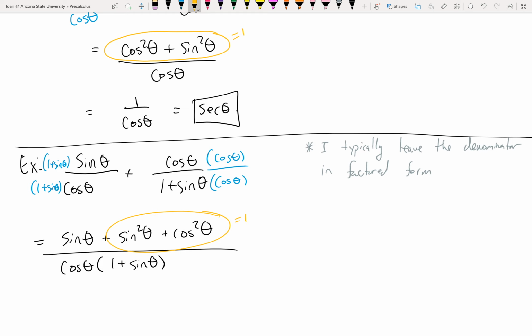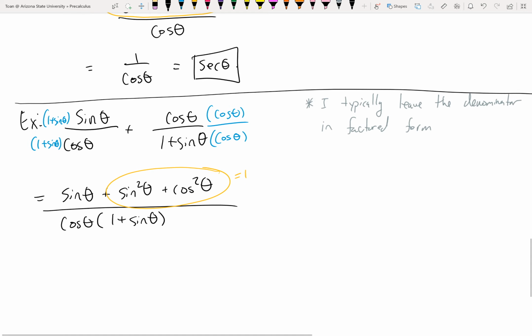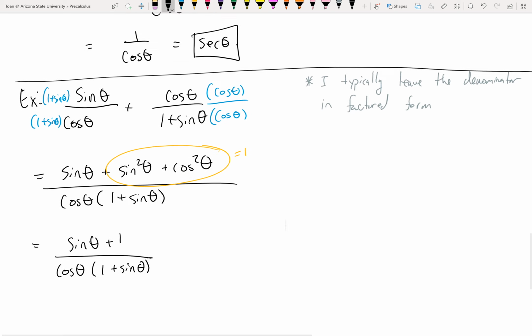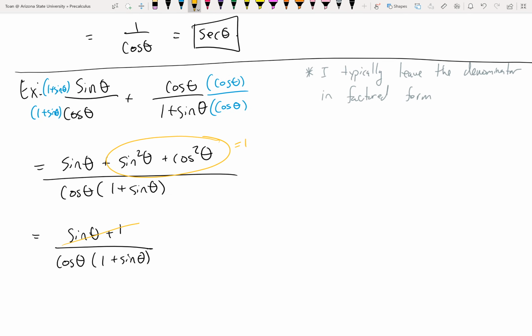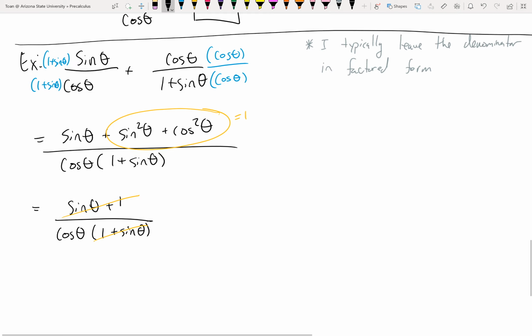This equals 1. And we have sine plus 1 over cosine times 1 plus sine. And knowing that addition is commutative, sine plus 1 cancels out with 1 plus sine, and that leaves us with 1 over cosine, which gives us secant.